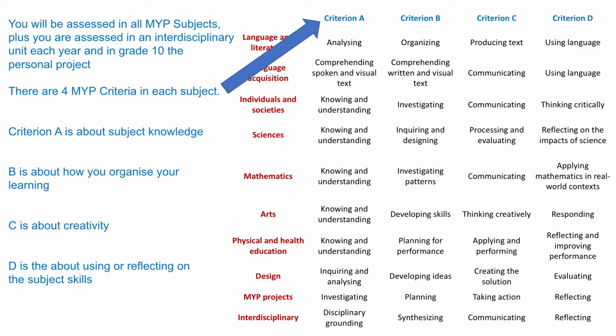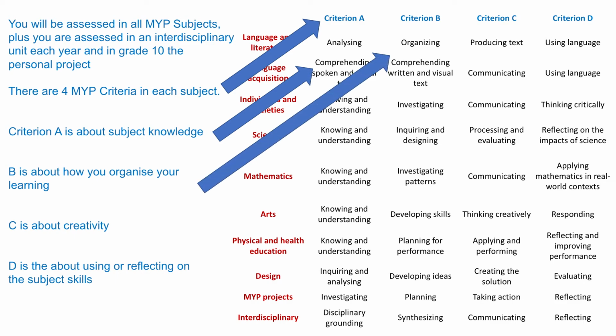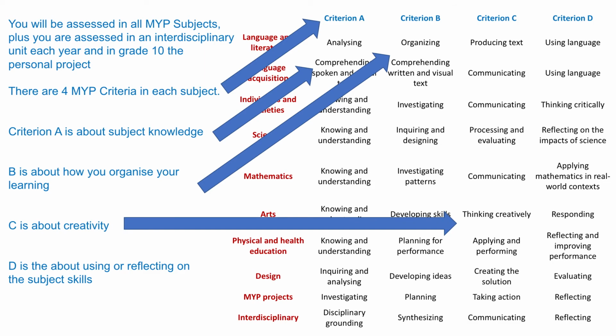Criterion A is usually about your subject knowledge, what you know, what you understand, how you inquire. Whereas criterion B is about how you organise yourself for your learning, how you're investigating, how you're developing skills, how you're planning, etc. Criterion C in all the different subjects is more about creativity and communication, taking action or applying what you've learned.